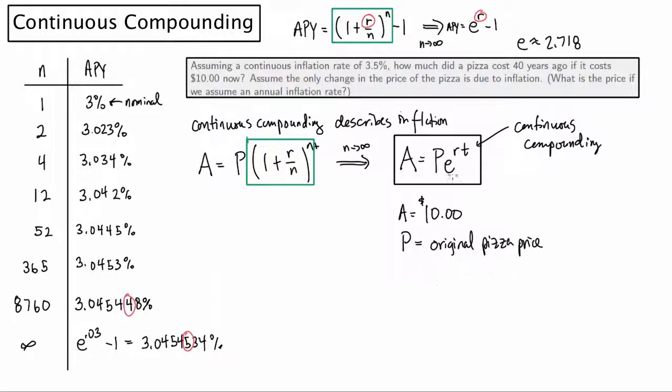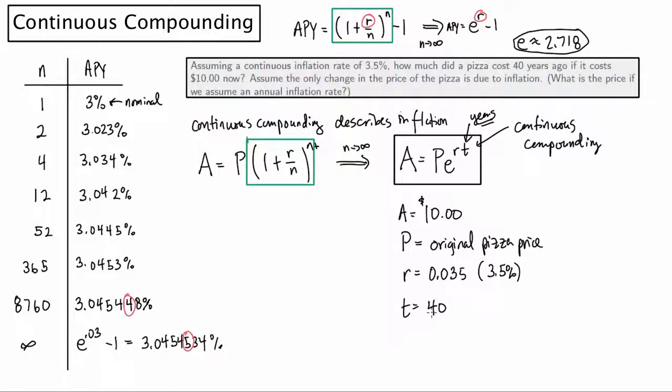And then e is not a variable. e is this constant, okay? e is not a variable. r is the value, in this case, corresponding to the rate. So the rate here as a decimal is 0.035. Remember, this represents 3.5%. If we're sticking it into a formula, we're going to use the rate. And then the time in years, once again, so this t is the time in years, is 40 years.